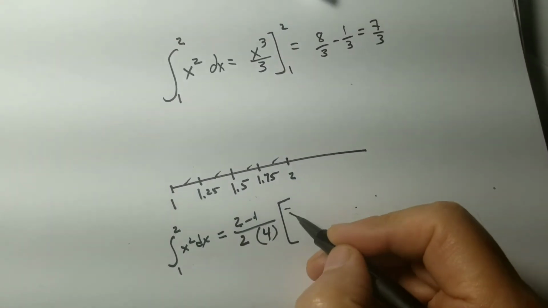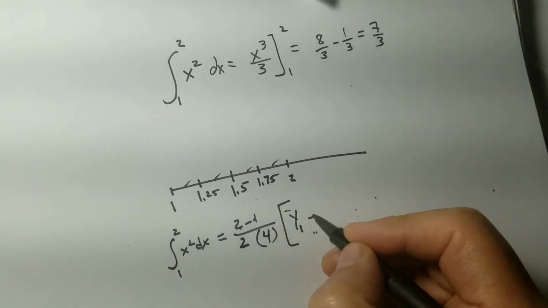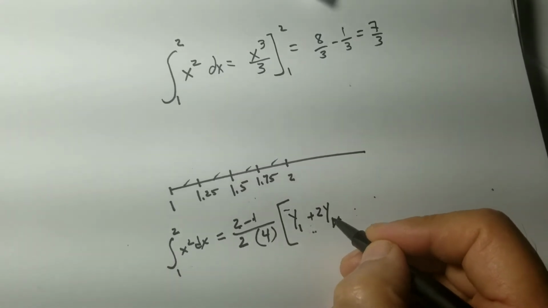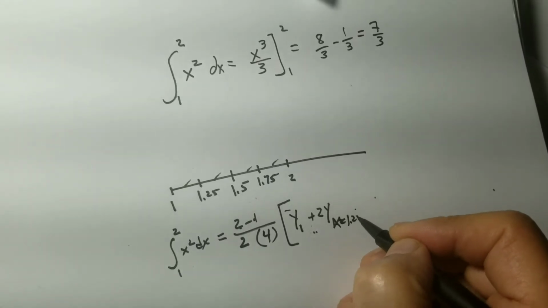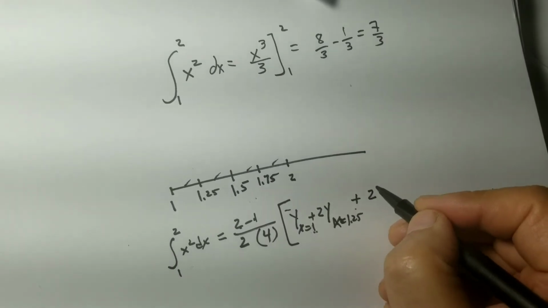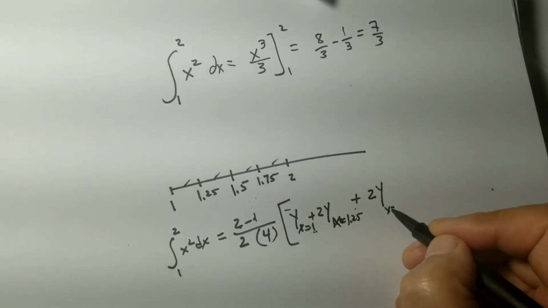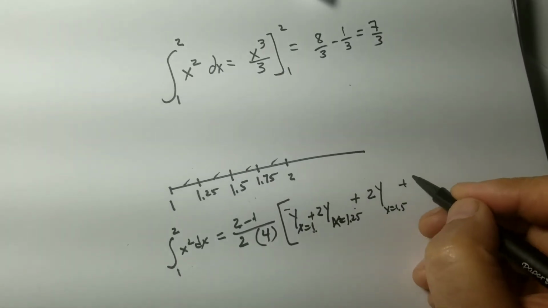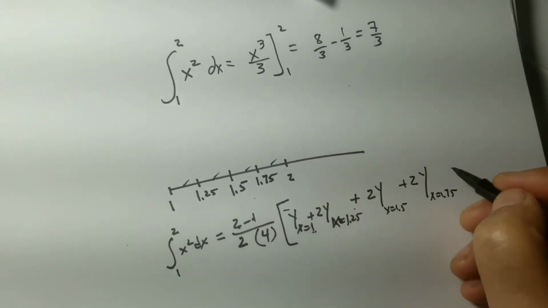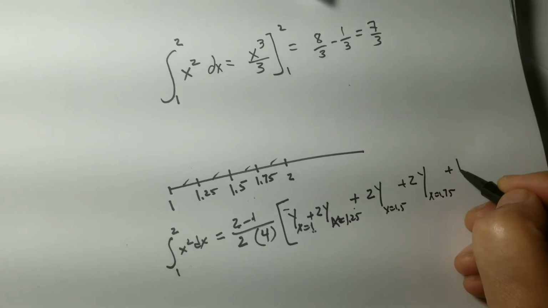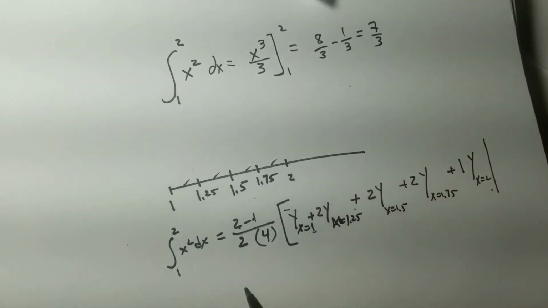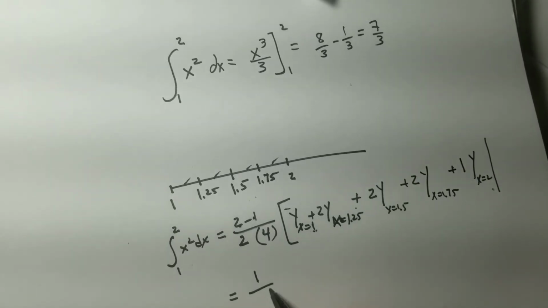Okay, I need y when x is 1, 2y when x is 1.25, 2y when x is 1.5, 2y when x is 1.75, and 1y when x is 2. That becomes 1 over 8.